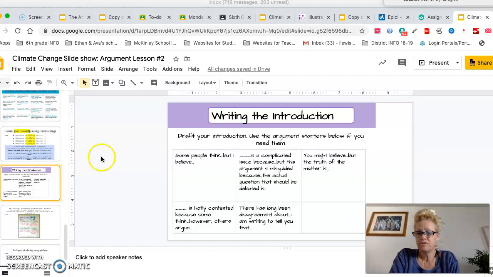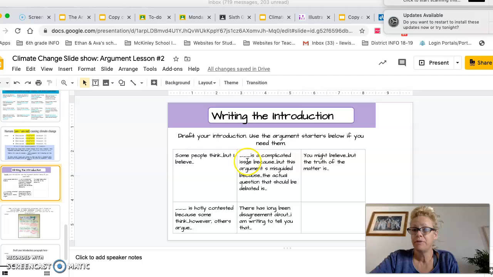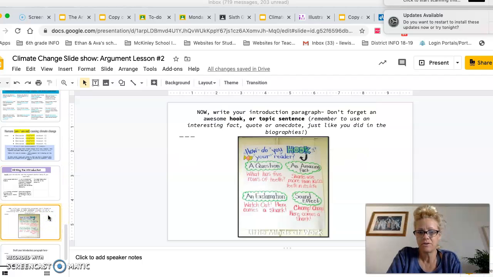So this is strictly for you to write your introduction, which is your assignment this week. Draft your introduction. Use the argument starters below if you need them. Some people think blank, but I believe blank. Blank is a complicated issue because this argument is misguided because the actual question that should be debated is, so you fill in the blanks, but these are just some sentence starters, ways to get your thoughts going.